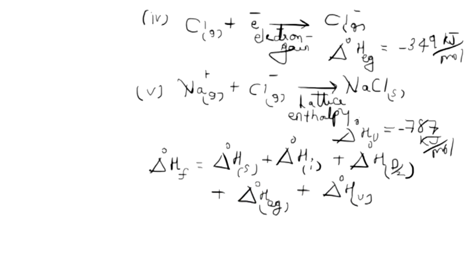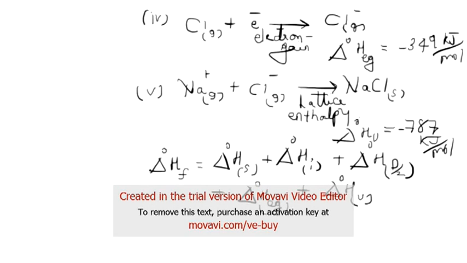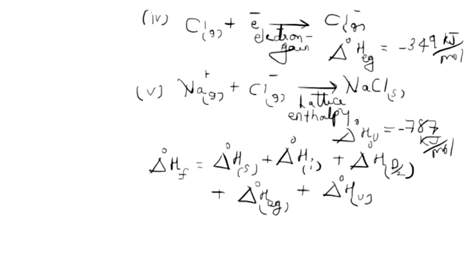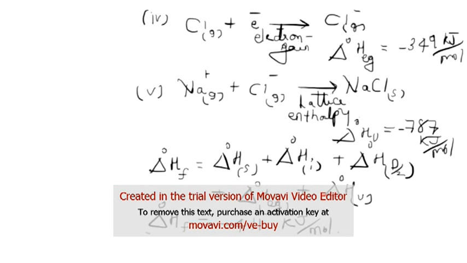The only value which cannot be evaluated is this lattice enthalpy, the delta H, the U part, which is not known theoretically. The overall enthalpy of formation is obtained by adding up all of this, and this comes out to be minus 411 kilojoules per mole. Thus, the lattice enthalpy value can be evaluated.